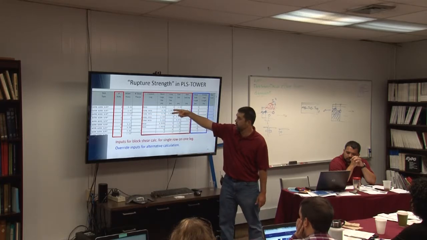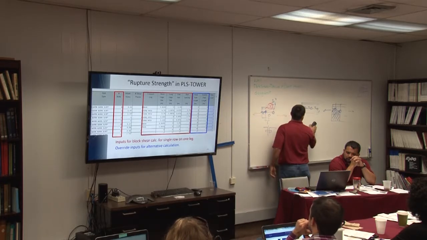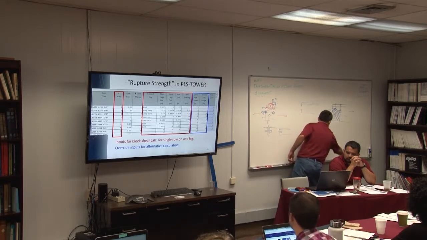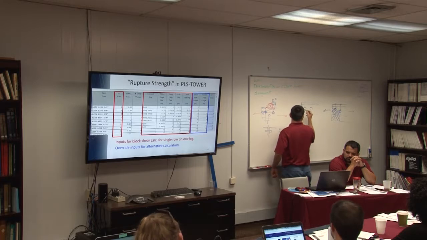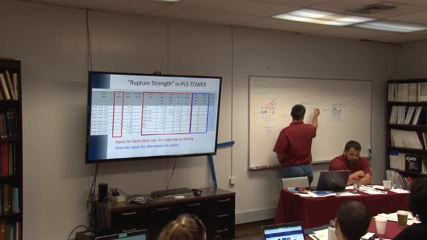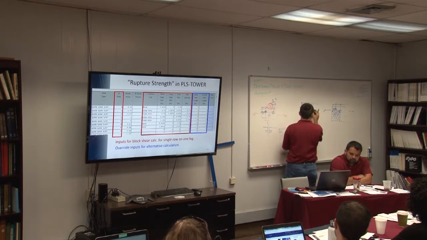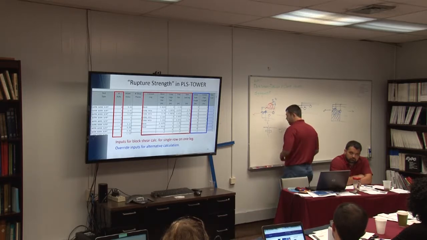What the program is doing is, if I only put in a short edge distance and two bolts, it assumes both bolts are on that short edge distance. If I put a long edge distance in and two bolts, it assumes one bolt is on the short edge distance and one is on the long edge distance.